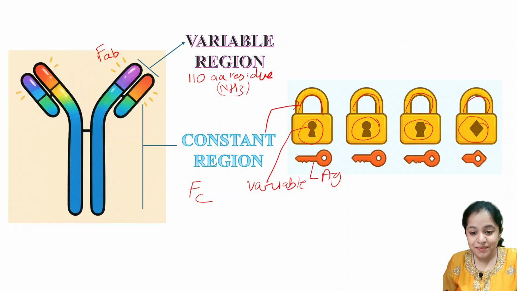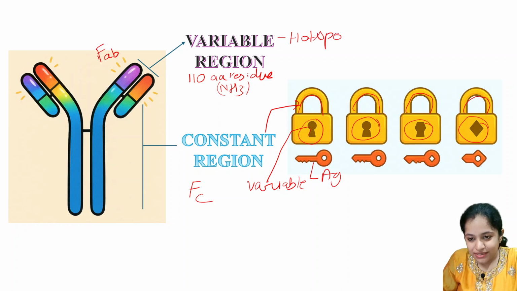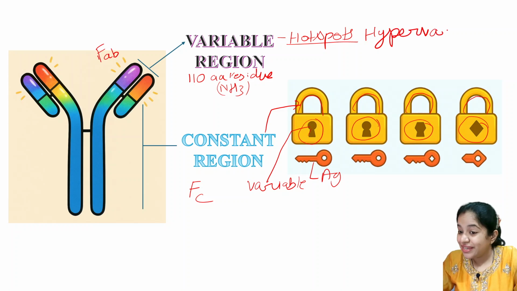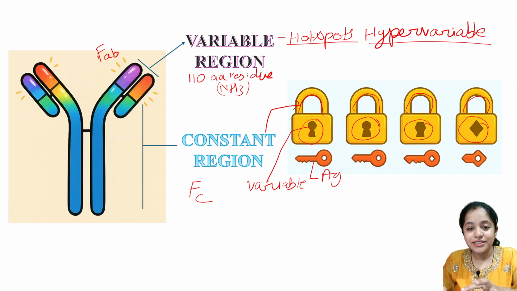Clear? Okay. Now, in the variable region, we have certain hotspots. These hotspots are the parts which are more variable, that is hypervariable. So this hypervariable region is the one which actually catches the antigen.